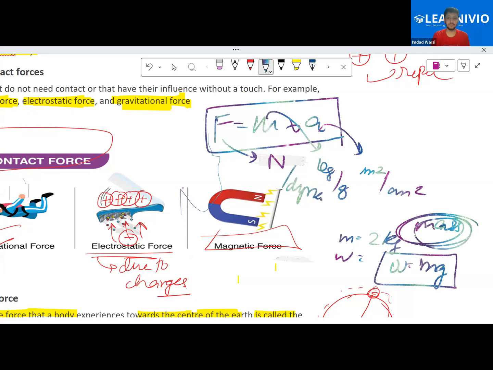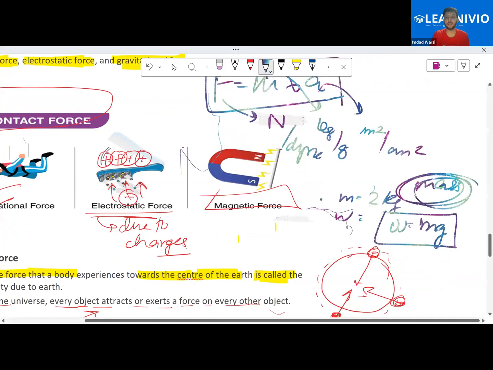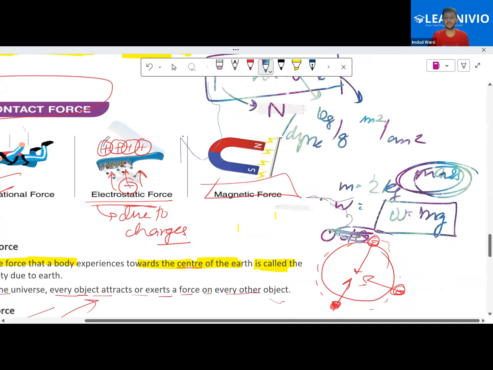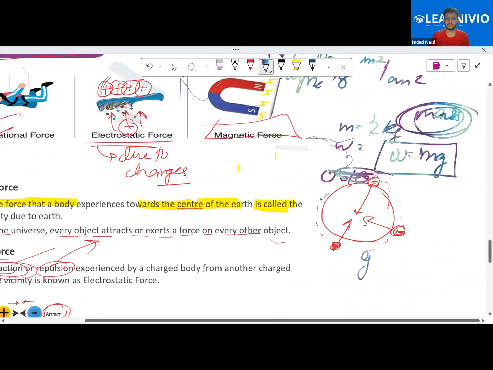If something doesn't have mass, then 0 into g. What is the value of g? Acceleration of gravity. 10 or 9.8.